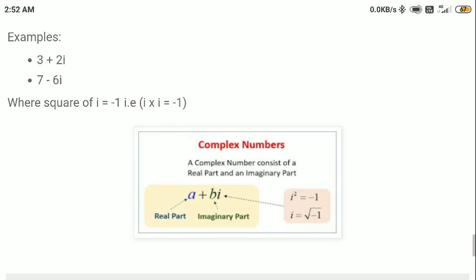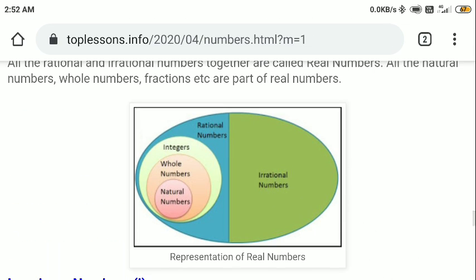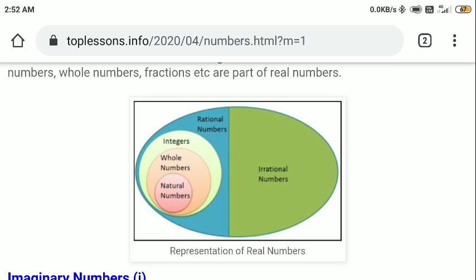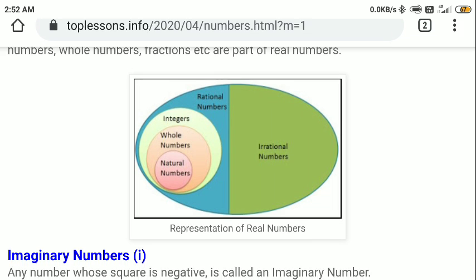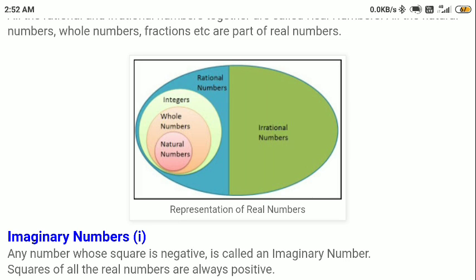Once again, you should understand this figure. Here we are saying that if we talk about all the numbers, we have made groups for them. All the counting numbers which were used for counting, we call natural numbers, which is the smallest set in this particular picture.